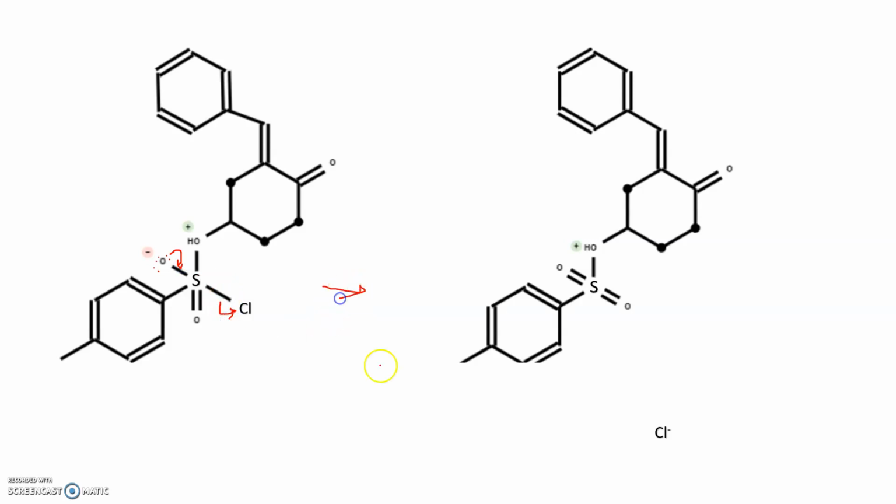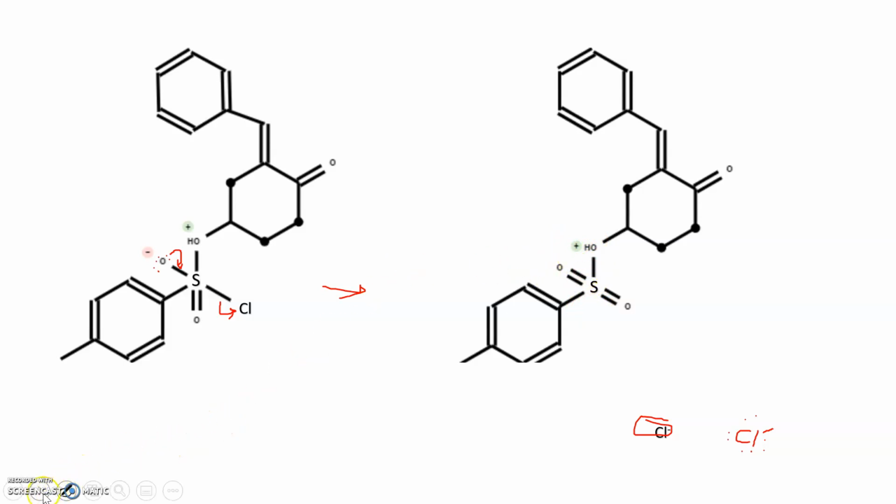This proceeds towards the right, kicking out the chloride, which has a full set of valence electrons. My apologies. The oxygen returns to having a full set of valence electrons and forming a double bond with the sulfur. We still have this positive charge on this alcohol.